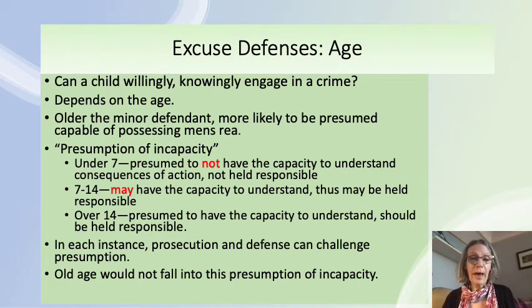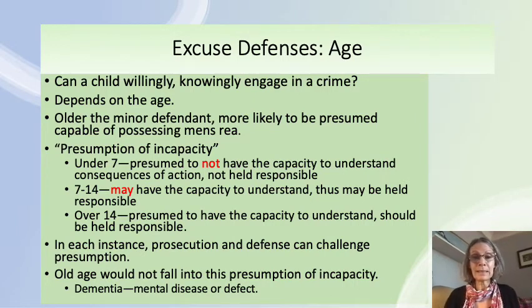That wouldn't be argued as an age defense, but rather it would be argued by the insanity or mental disease or defect defense. And so you could say that an old person is incapable of possessing mens rea due to the fact that they have a mental disease or defect, or in this case, a physical disease or defect, and that would be dementia, right?